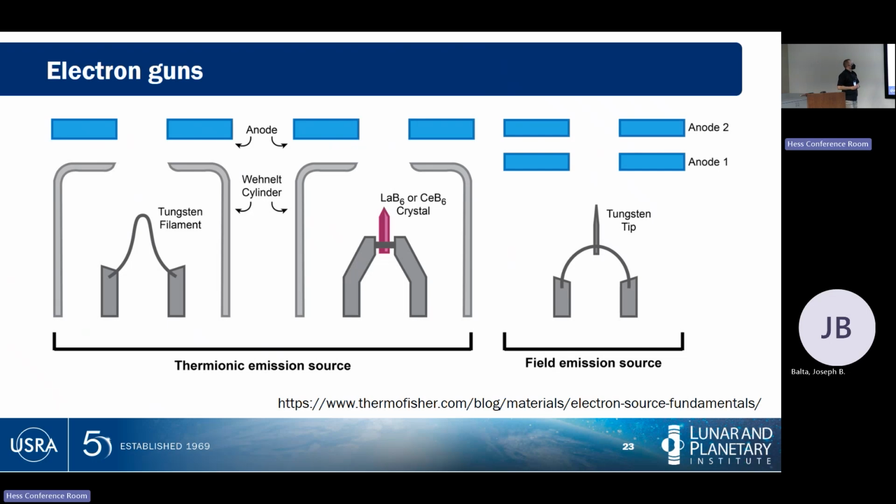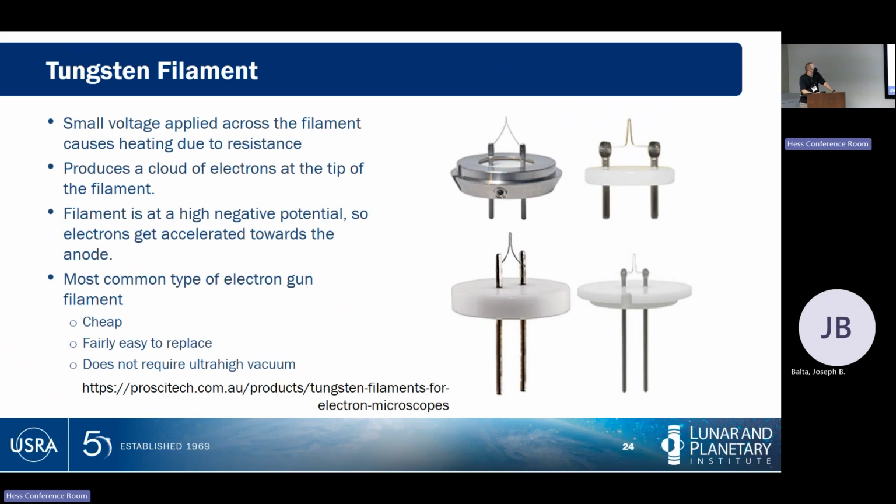Tungsten filaments, lanthanum or cerium boride crystals, and field emission guns. The first one of these that showed up in the electron microscope was a tungsten filament. The first ones from the 1960s were tungsten. You apply a small voltage across this little filament.